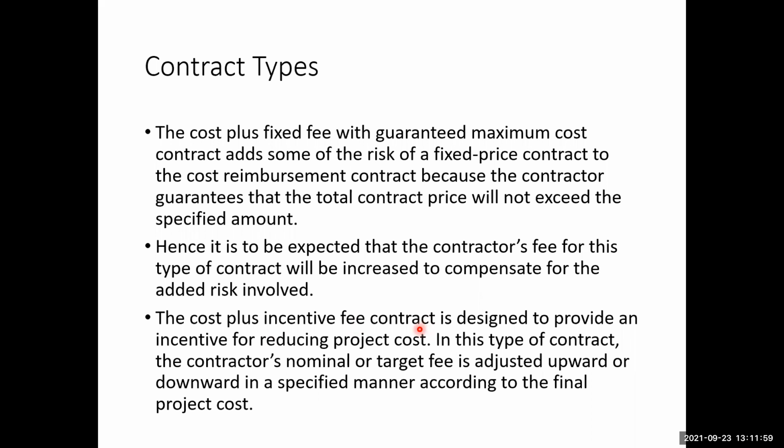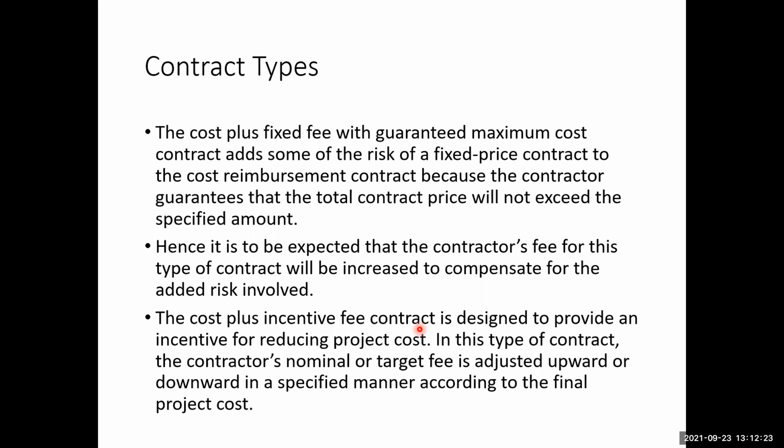So remember that the basic difference between the cost plus and the fixed price contract is that in the fixed price contract, the pricing is not the cost. The pricing includes the cost. The pricing includes everything, cost plus fee. But in the cost plus contract, the owner will have to pay for the cost as well as the fee separately.